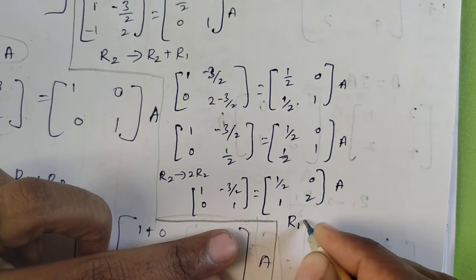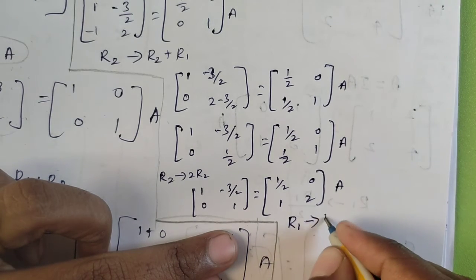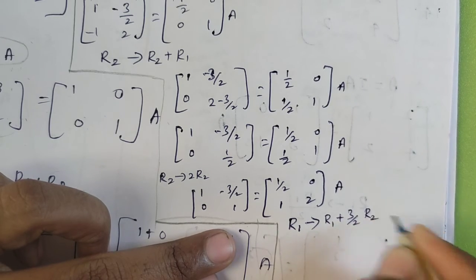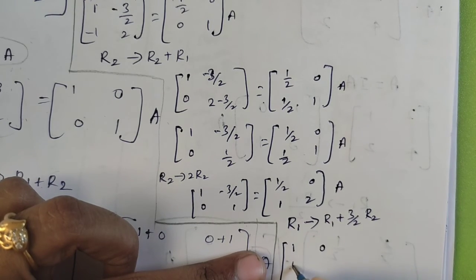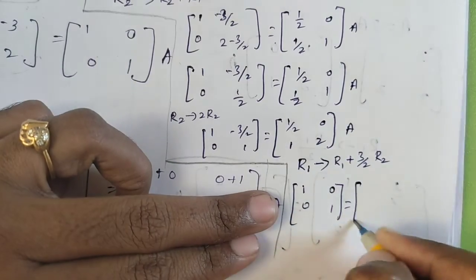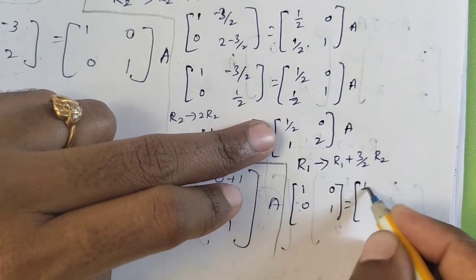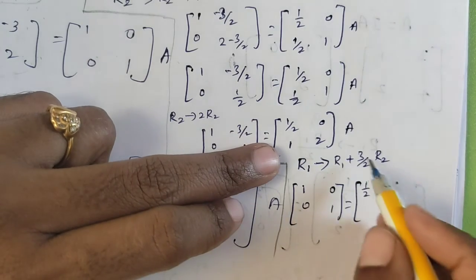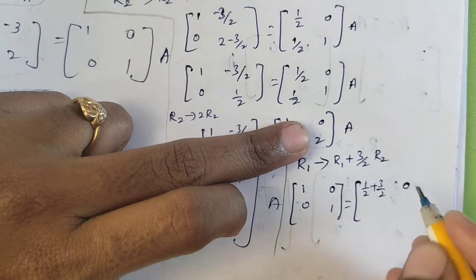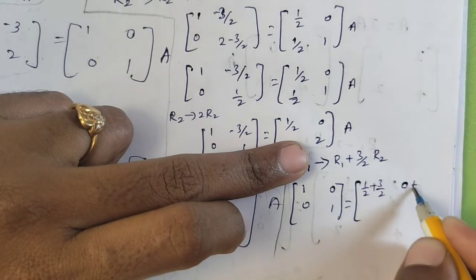So R1 tends to R1 plus 3 by 2 into R2. 1, 0, 0, 1 is equal to R1, 1 by 2, and R2 is 1 here, so 3 by 2, and 0 plus 2 into 3 by 2.